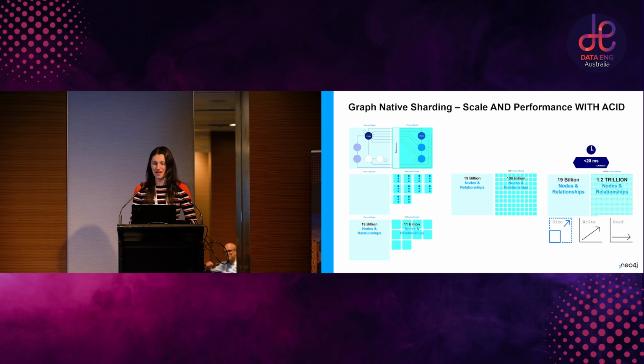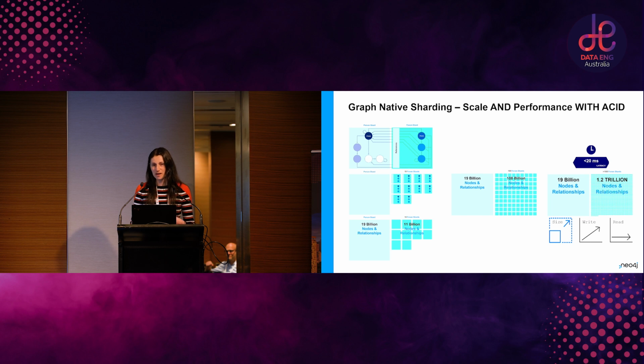The one thing I will say, and for this particular example, we ended up with 19 billion nodes and relationships in the person shard and 1.2 trillion nodes and relationships in the forum shard. As you can imagine, there's a distinct difference. Even though these two things are joined together, we're actually recognizing that these two types of data have very different velocities. And any query that is run on this database at the moment, whether it's a read or write, has a latency of under 20 milliseconds, which is pretty good for the scale that we're achieving there.